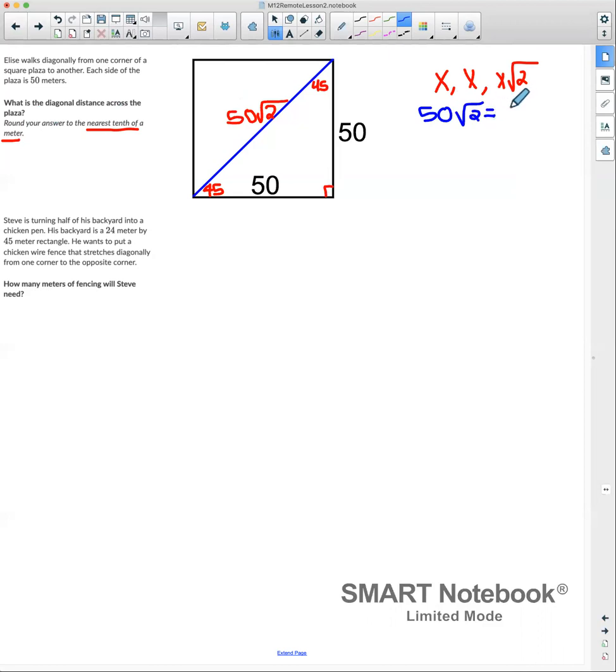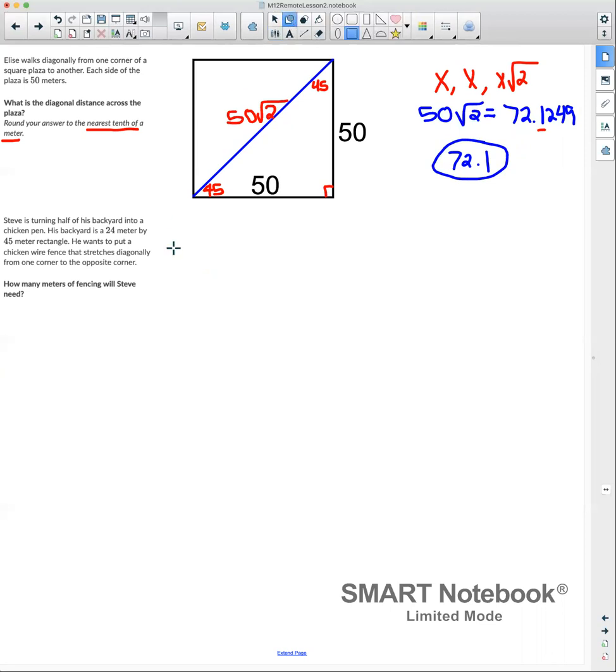When I plug it in my calculator, it becomes 72.1249. So I want to round to the nearest tenth. This is the tenths place, the one right after the decimal point. The number after is a 2, so it's going to round down. So it's going to become 72.1. That is your answer.